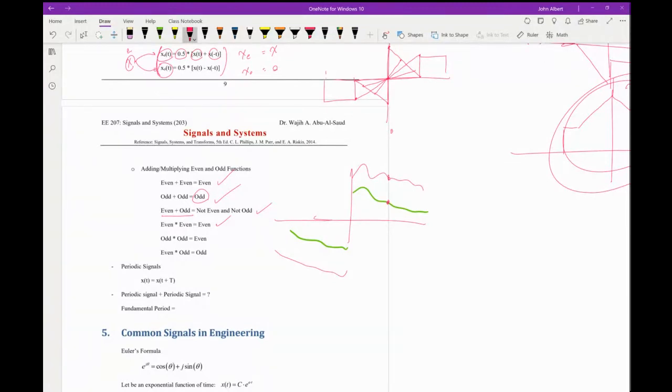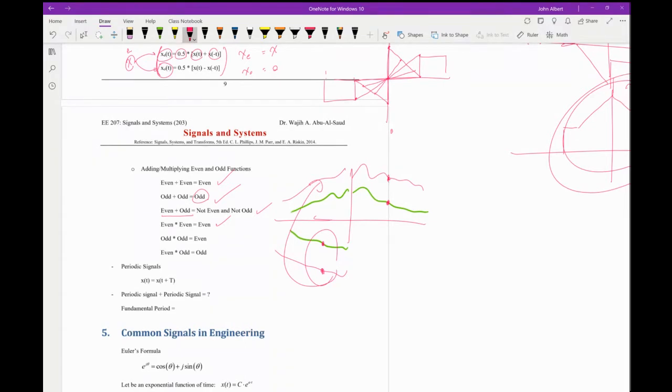Because you're multiplying negative with negative, if this was positive, I'll get negative from here. And if the other one is also positive, I'll get also negative from here. So because I have negative from here and negative from there, when you multiply them, the negative sign disappears. So you'll end up with a value that is exactly the same value, but on the other side, if both of them were below, you'll get something that is above. So you'll end up with exactly the same as if you had multiplied the even function of this with the even function of that.